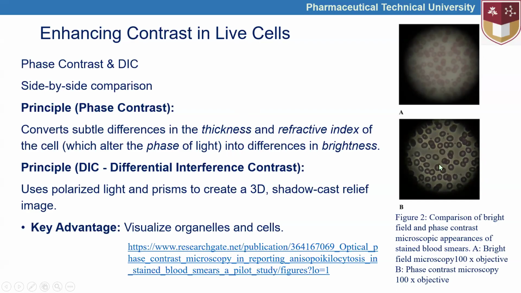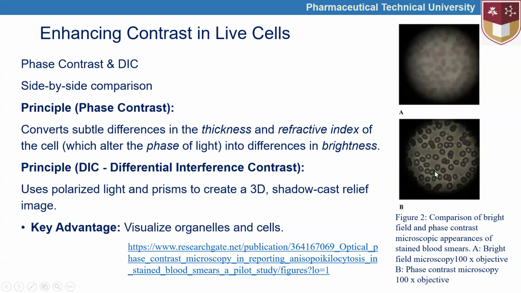They can be biopolymers, small molecules, higher molecular compounds. And it converts subtle differences in the thickness and refractive index of the cell, which alter phase light, into different brightness.